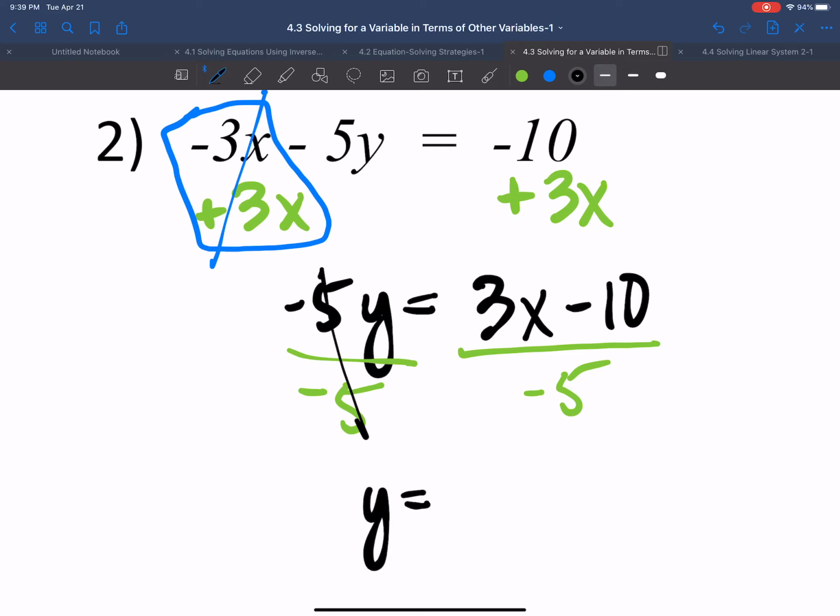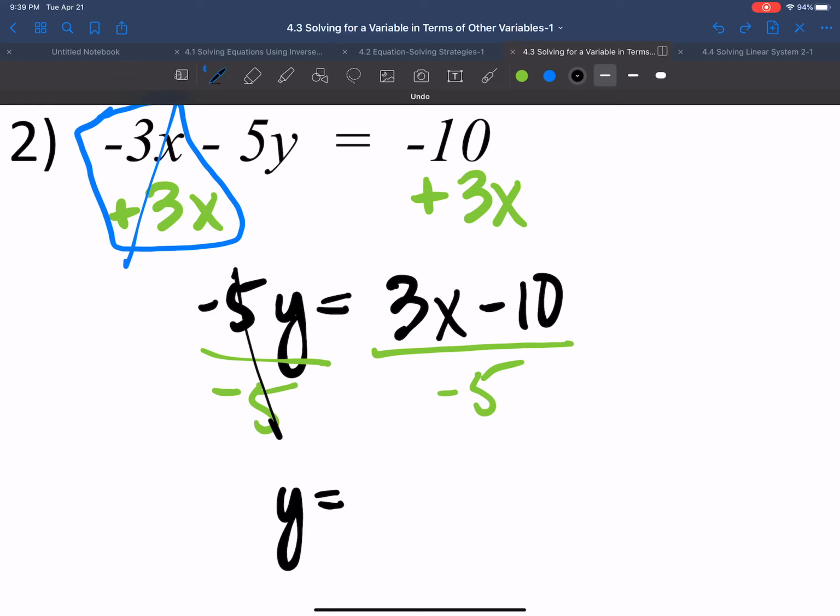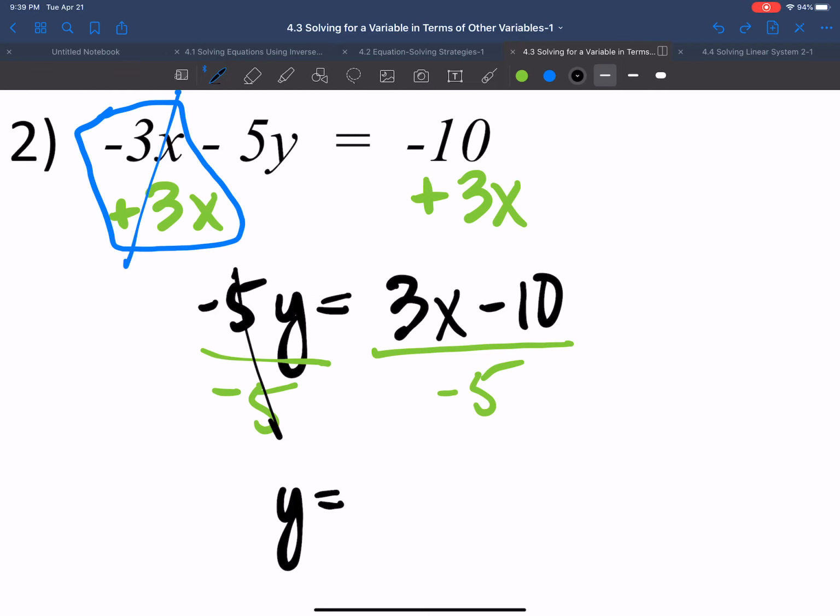On the right side, again, each term needs to be divided by the number on the bottom. If you can't divide both terms on top by the denominator, then you can leave it. But what we're going to do is divide each term and reduce the fractions, because this will help us later on when we're graphing.